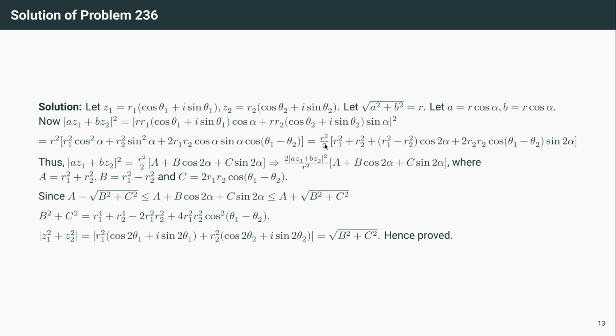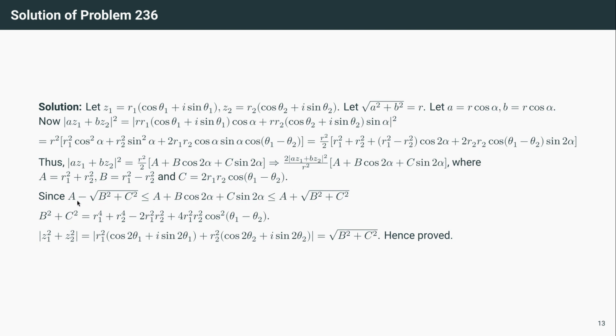Note that 2 we have taken outside. Since this 2 has come outside, it will also come inside, and it will make 2 cos alpha sin alpha as sin 2 alpha. So here we have 2 R1 R2 cos (theta 1 minus theta 2) sin 2 alpha. So this we have written equal to R square by 2 into (A plus B cos 2 alpha plus C sin 2 alpha), where A is R1 square plus R2 square, B is R1 square minus R2 square, and C is 2 R1 R2 cos (theta 1 minus theta 2).